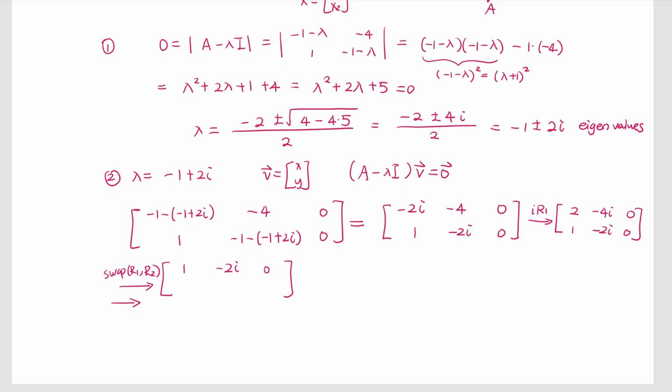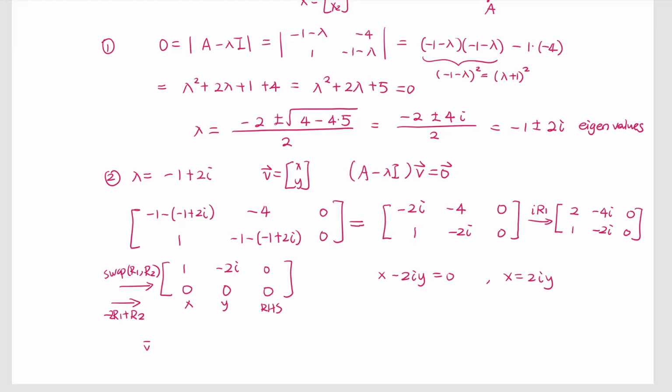Alright, so after I swap them, I can use negative 2 r1 added to r2 to clear the second row. Then this is x, this is y, this is the right hand side. And then the first row tells us that x minus 2iy equals 0. Right, everybody? So that's why here we have x equals 2iy.